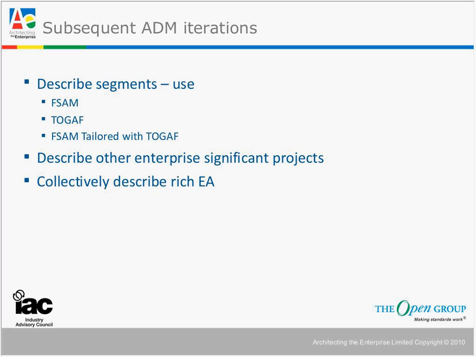You can use TOGAF, or you can use FSAM tailored with TOGAF. I say probably the best is the final approach, FSAM tailored with TOGAF. Then you can describe other enterprise significant projects, and these again collectively give us a description of a rich enterprise architecture.